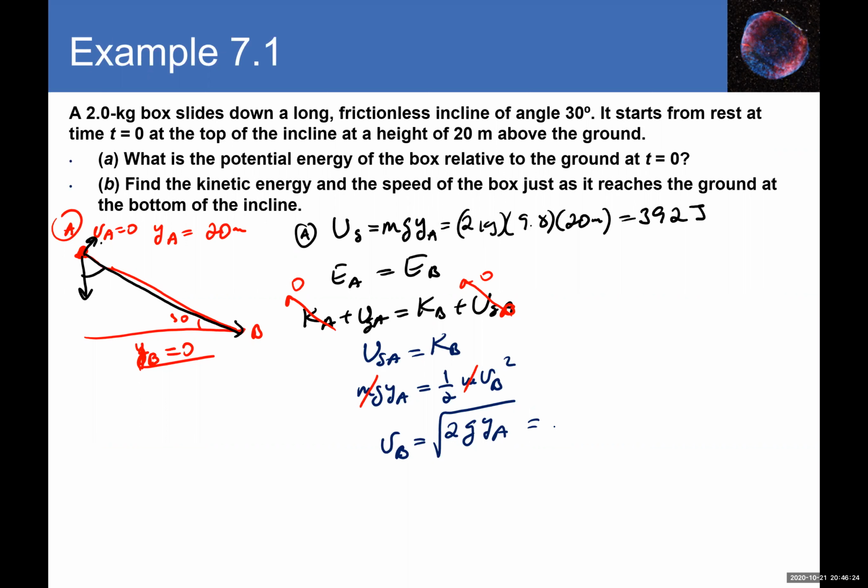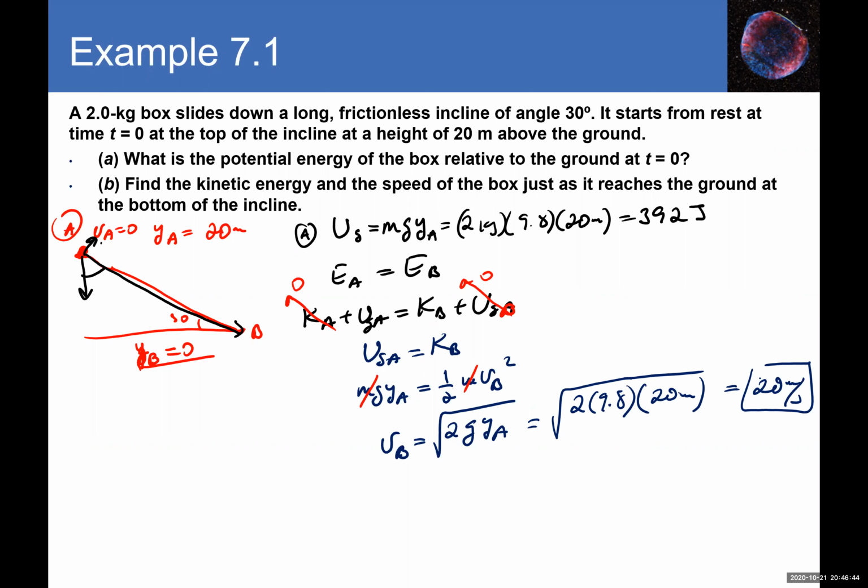So if I plug in the values, 2 times g, which is 9.8, times 20 meters, then we're going to get 20 meters per second.